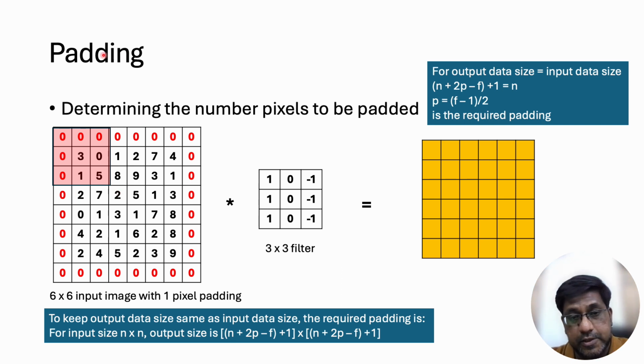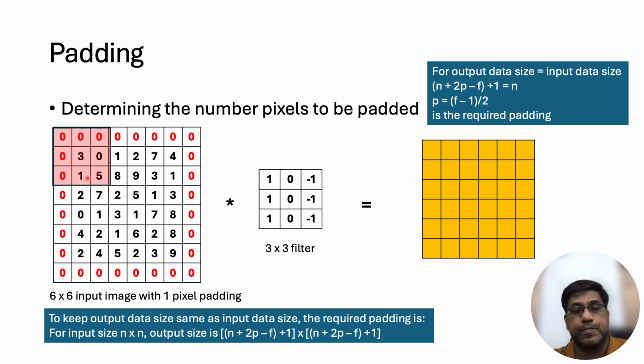The other advantage of using padding is that the pixel values at the corners of the input image are used more often in the computation, and that way it gives us more information about the pixels at the corner of the input image. So padding has that added advantage as well.